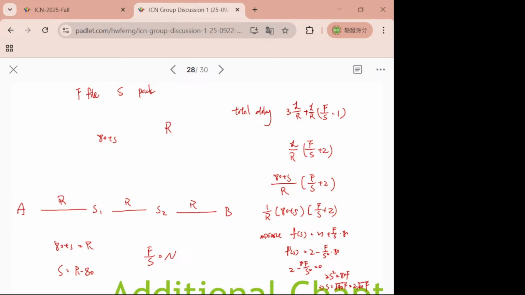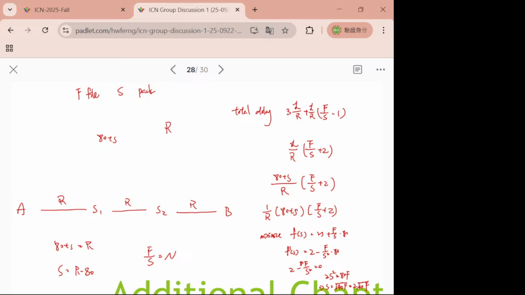I'm the presenter for Group 6, and we need to find the s that makes the total delay minimal. We have to find the total delay first, and we use the formula we learned from the earlier class. We know the total delay is this, and we can write the formula like this. So we need to find a minimal.